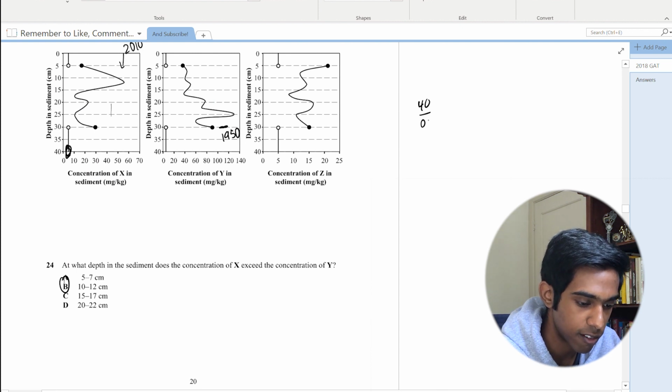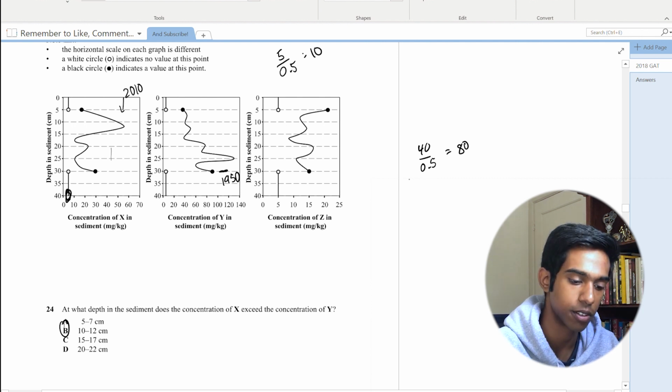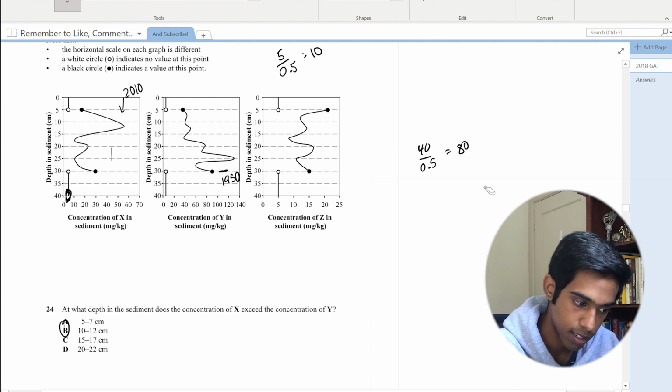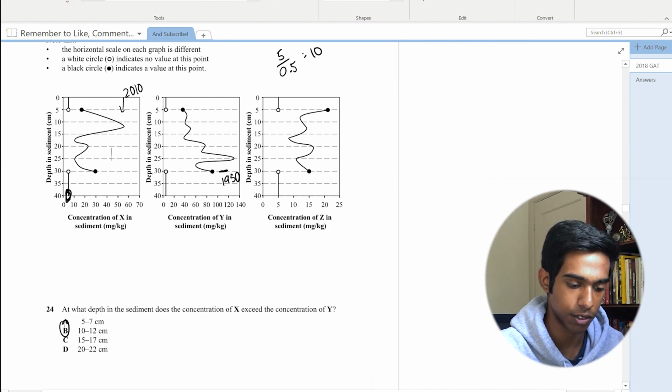So if we divide 40 by 0.5, an easy way to do this is just multiply by 2. This is going to be 80. Sorry, no, it's not going to be, it'll be 8 centimeters. So let me redo this actually.